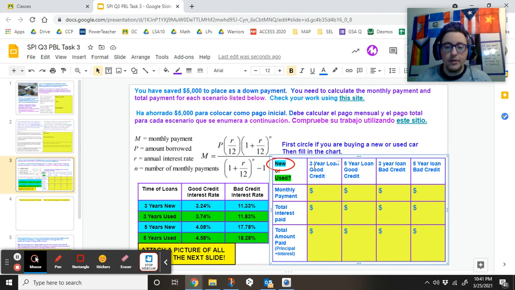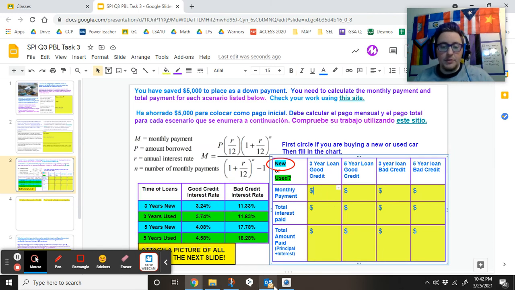And then I want to calculate how much it's going to cost for a 3-year loan with good credit. So if I'm using a new car, those would be the green ones. 3 years with good credit would be 3.24%. So I'm going to use 3.24% to calculate this one.